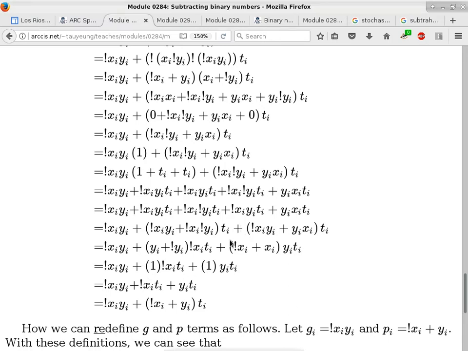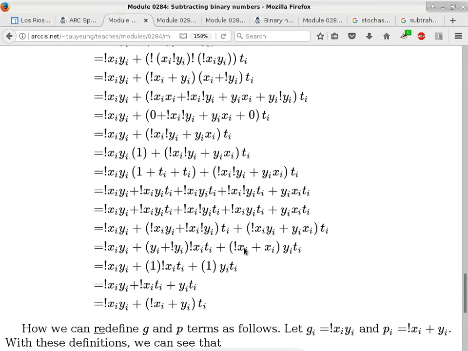But then I realize, hey, there's more that I can factor out, because these two terms both have not xi, so I factor out the not xi too. These two terms both have yi, so I factor out the yi term as well. Is that okay? So what is left is yi or not yi, which is guaranteed to be true.